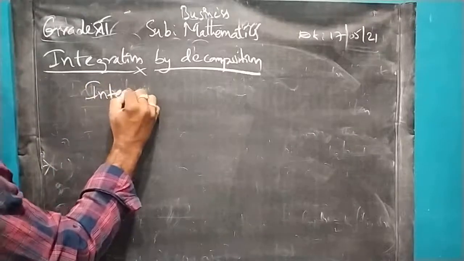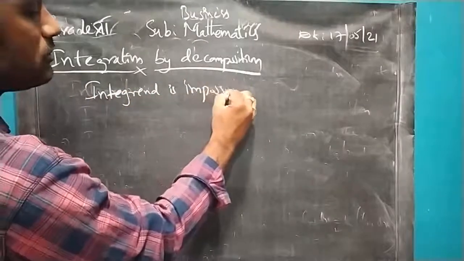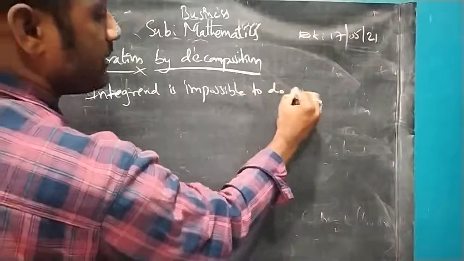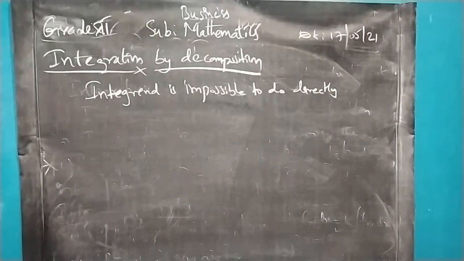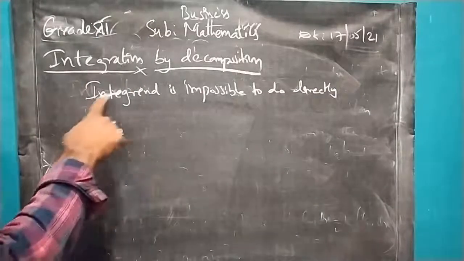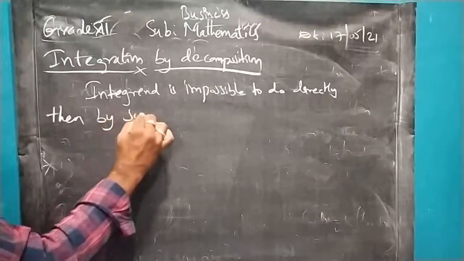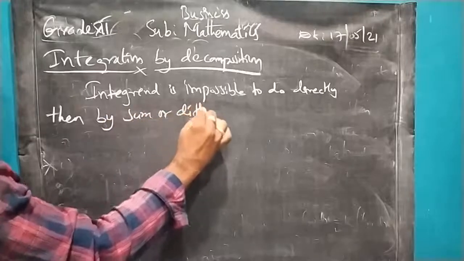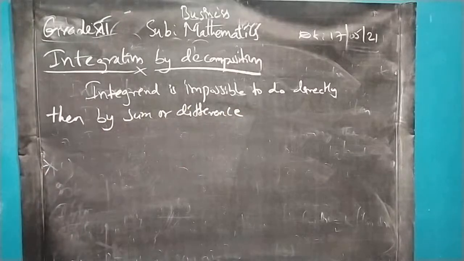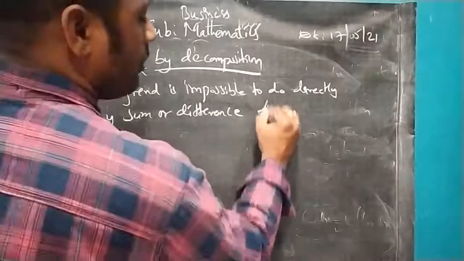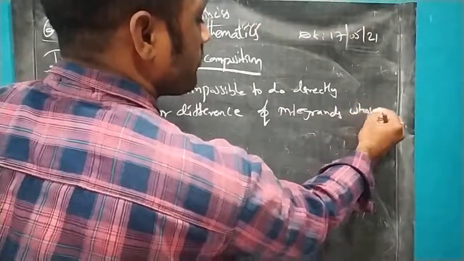If the integrand is impossible to do directly, then apply this method, by sum or difference of integrands whose value is known.